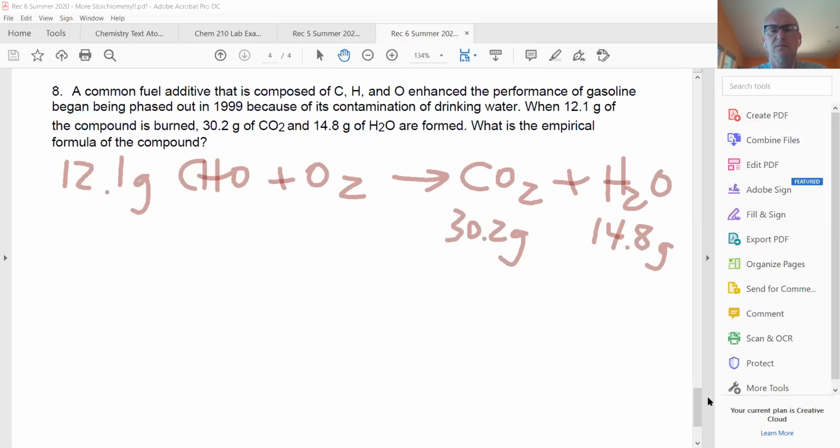Like CHO, the simplest, like sometimes we have C6H12O6, then we simplify to be CH2O. But what do those refer to? 6 and 12 and 6. What does that mean in a formula?